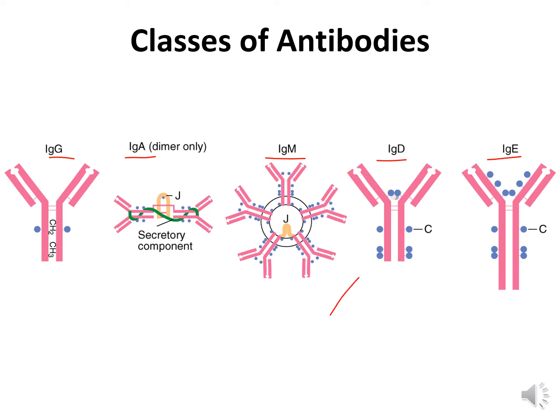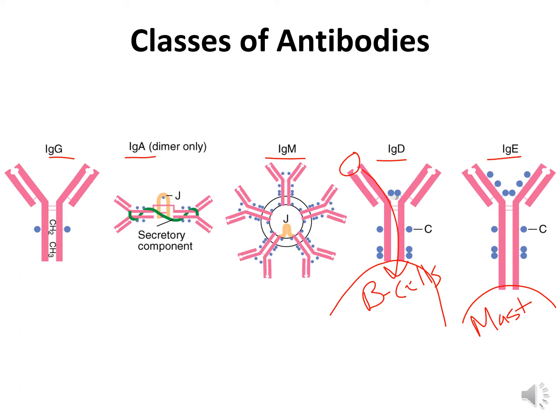IgD is on the surface of B cells, and when it binds to its appropriate antigen, it serves to activate the B cells. IgE is found on the surface of mast cells and basophils.